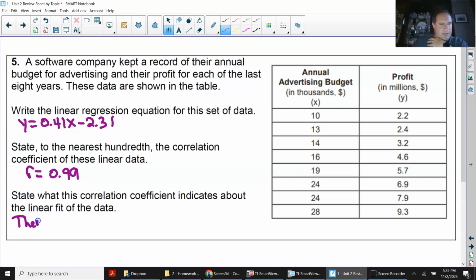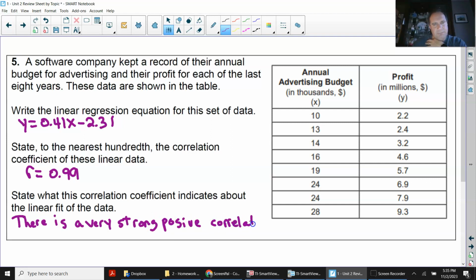And we're going to put, there is a very strong positive correlation between the annual advertising budget and profit.